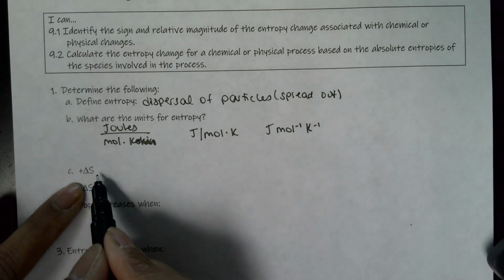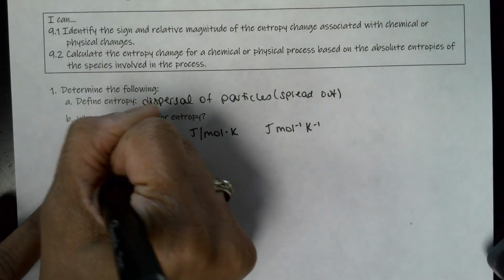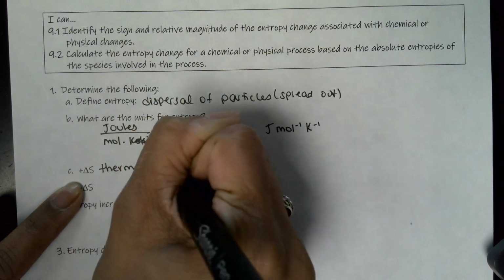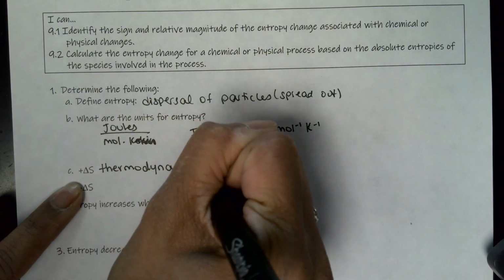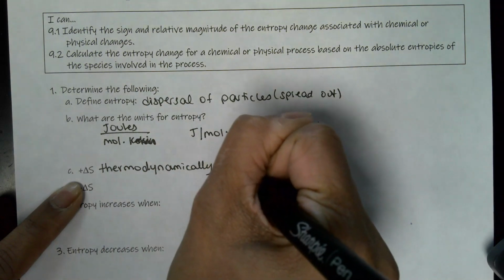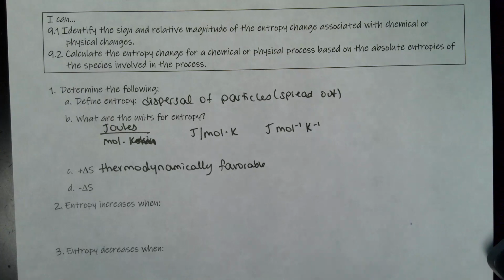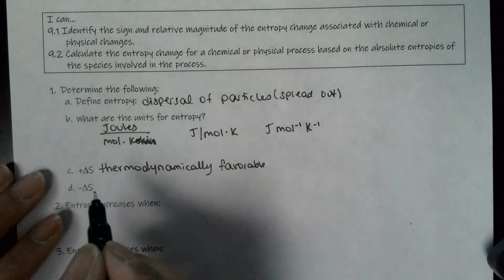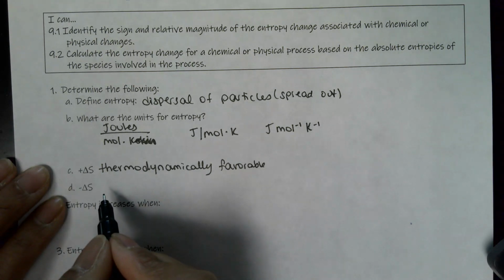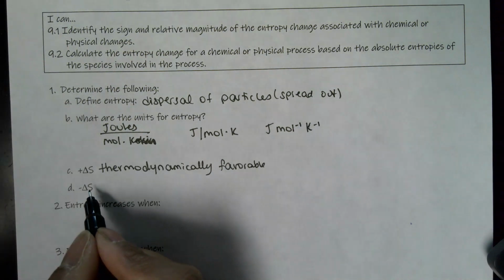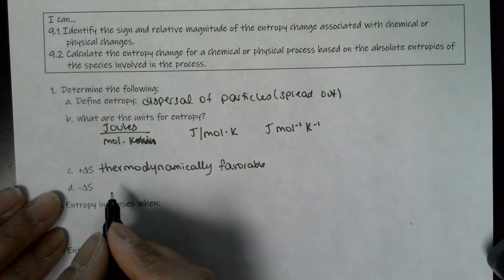So a positive S is thermodynamically favorable, meaning nature tends towards disorder. It tends towards a greater amount of entropy. Negative S, so a smaller value, is not thermodynamically favorable.